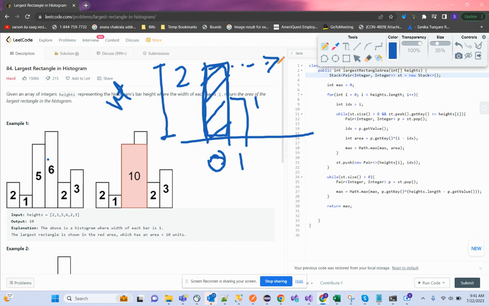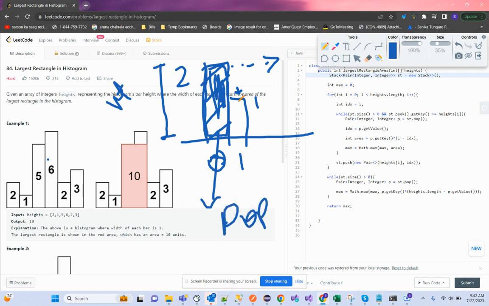We cannot move it further, because the next height is going down. So this area we will have to pop, since there is no room that we can extend it.